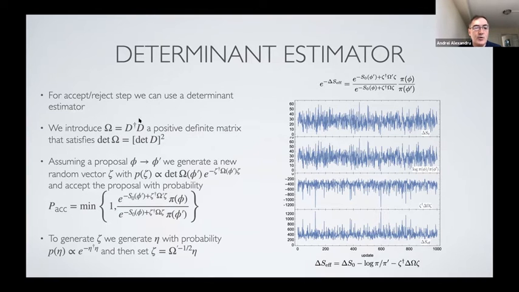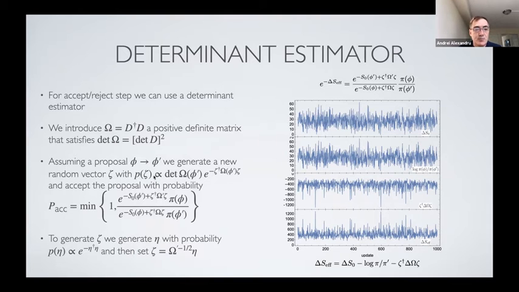We're going to introduce here a matrix that is Hermitian and positive definite, because it'll help set up the estimator correctly. This matrix is simply D dagger D, and it has the property that the determinant of this omega matrix is the fermionic contribution to our probability density function. So we all care about getting an estimator basically for the determinant of this positive definite Hermitian matrix omega.